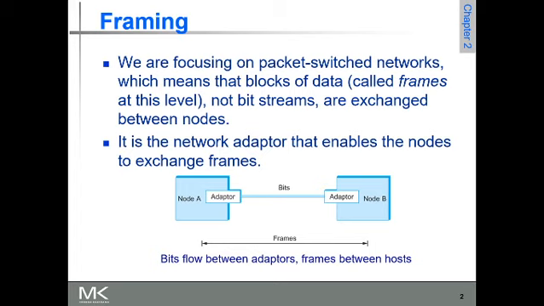The adapter on node B then collects together the sequence of bits arriving on the link and deposits the corresponding frame in node B's memory. Determining exactly where the frame begins and ends is a central challenge faced by the adapter. There are several ways to address the framing problem.